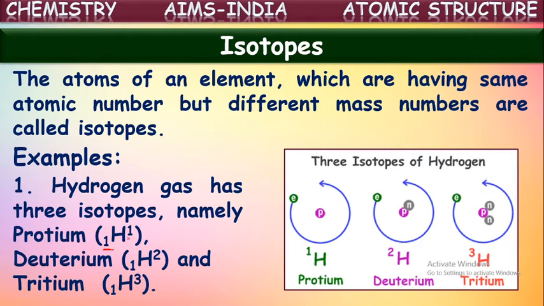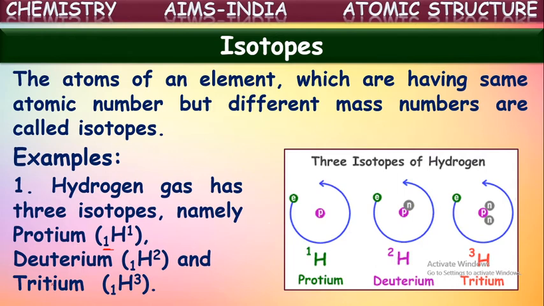The atomic number remains the same, 1 and 1, but the mass numbers are changed. For protium the mass number is 1, whereas for deuterium the mass number is 2. This difference is because of the difference in the number of neutrons. If you observe protium, it has no neutrons, isn't it? Whereas deuterium has one neutron. So the sum of protons plus neutrons gives its mass number. So the mass number of deuterium is 2.